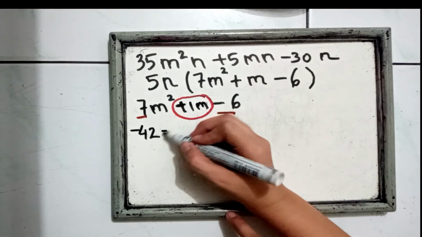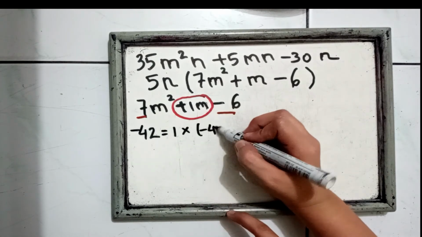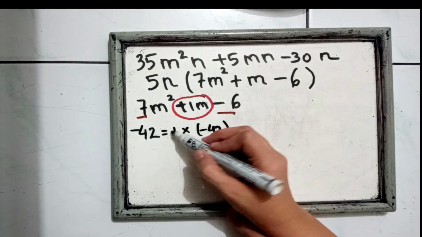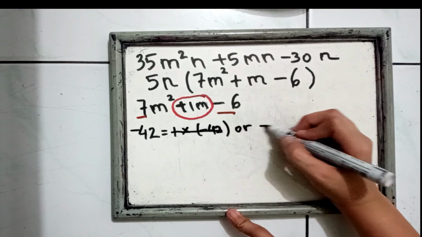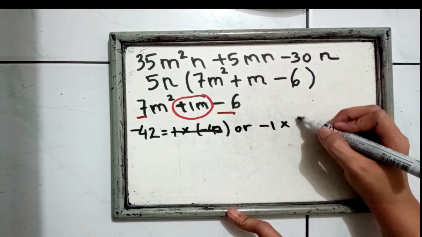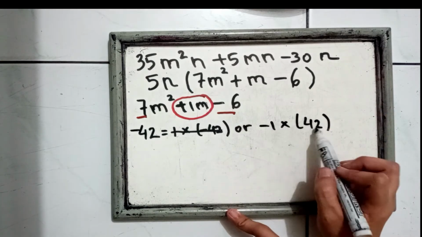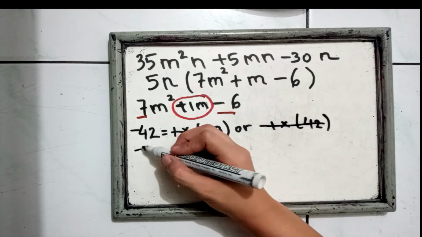You can start from 1 times negative 42. Directly add it. 1 plus negative 42, is it 1? No. Or negative 1 times 42. Add it. Negative 1 plus 42, is it 1? No. Others.